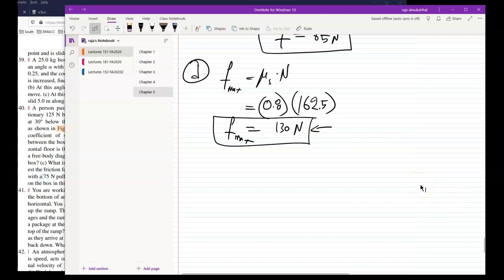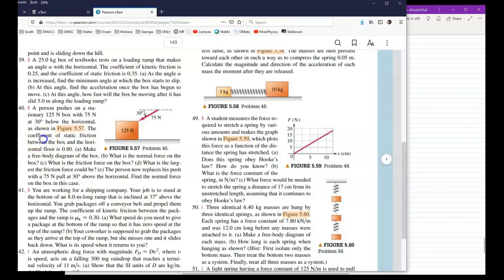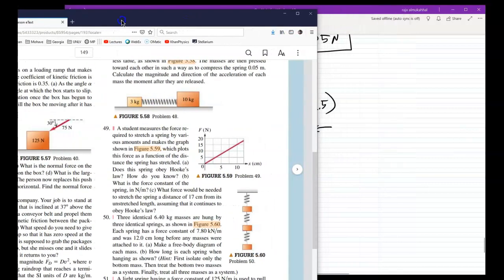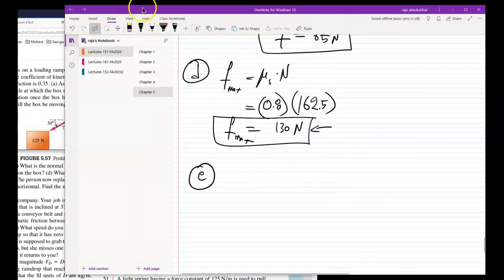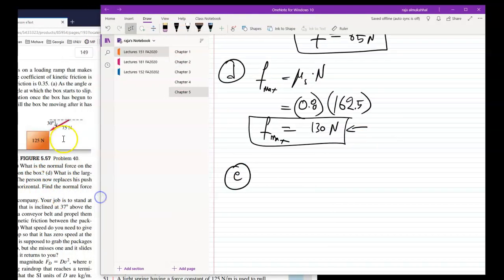Okay, in other words, let's go back to the old picture. Here's the old picture right here. See how the picture looks like? See that? The force 75 below the horizontal. I want to pull it above the horizontal, and the way it works is this way.